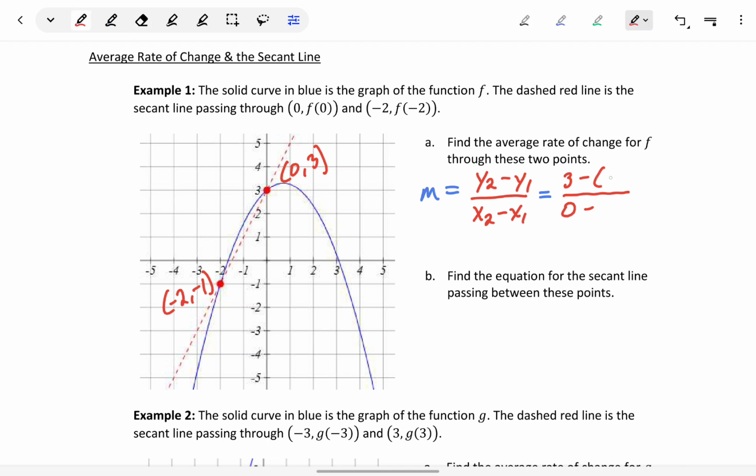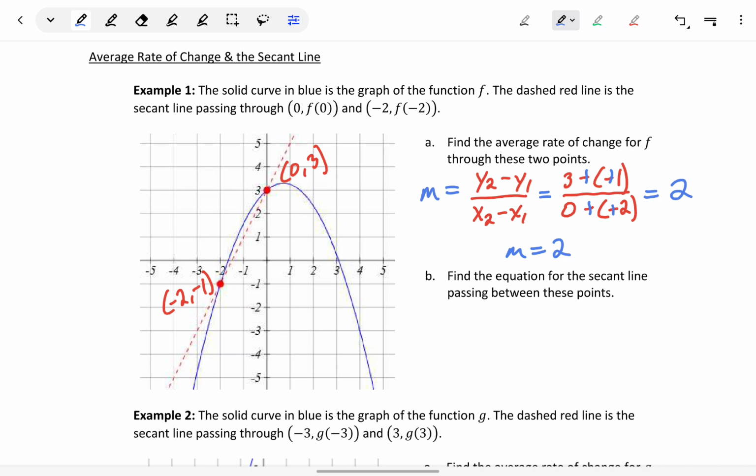That should be 3 minus -1. And then in the denominator, we'll take the difference of the x values, so 0 minus -2. Notice that we have some double negatives that will cancel out here, leaving us with 4 over 2, or a slope of m equals 2.